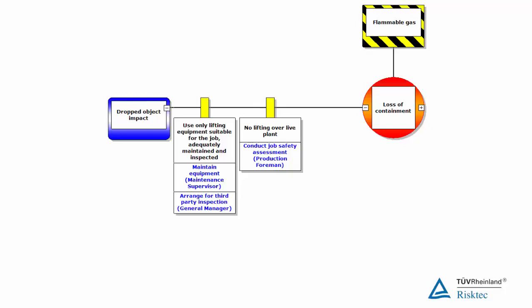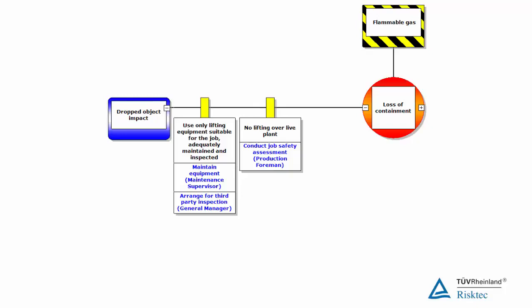Another avenue of the analysis that we might choose to develop is to look at the safety-critical activities supporting the barriers. Each prevention measure or mitigation measure will only continue to function if it is maintained properly. So, for each box on the diagram, we ask what activity or activities need to be carried out to keep this barrier working.